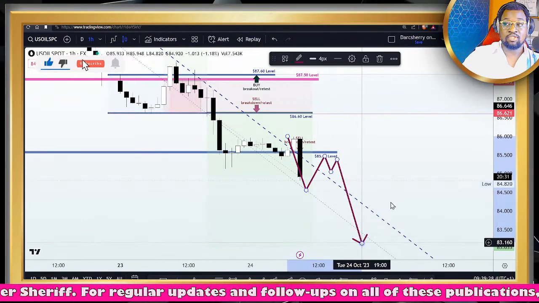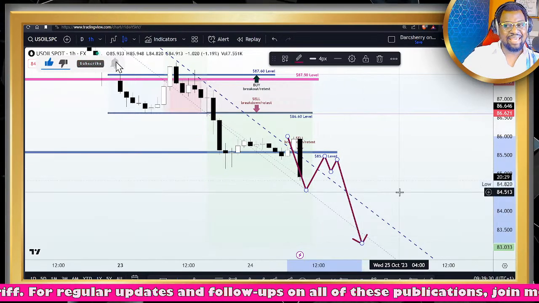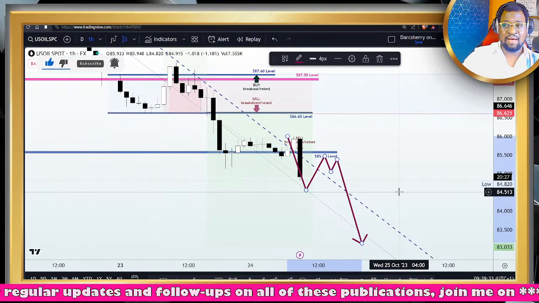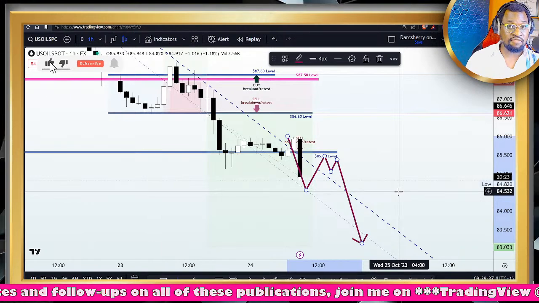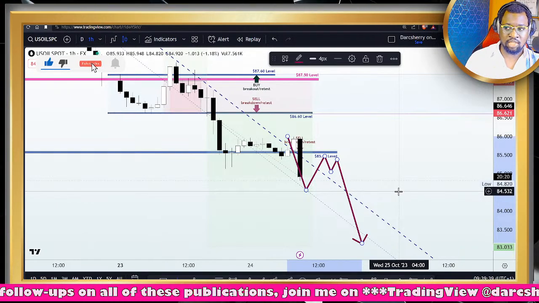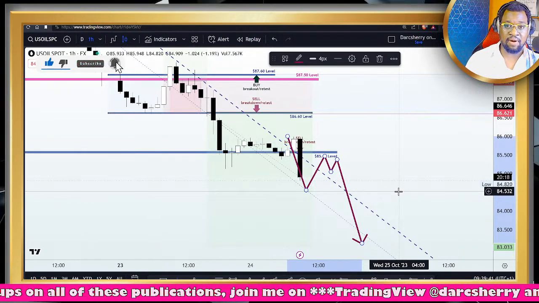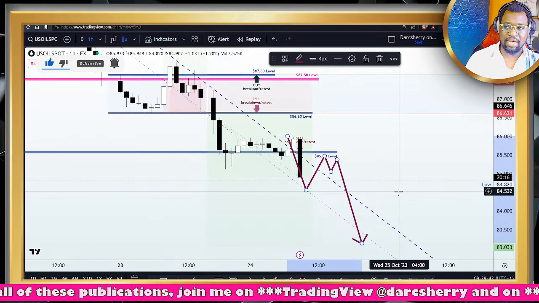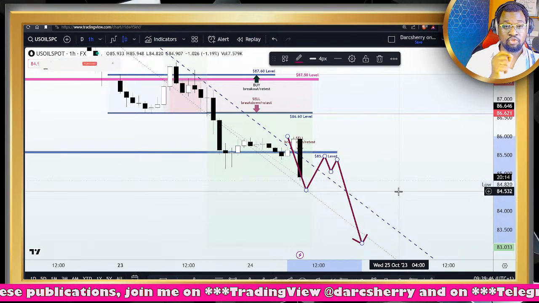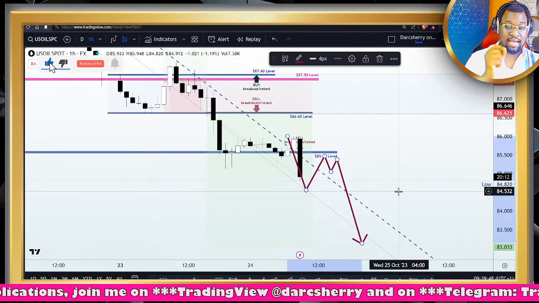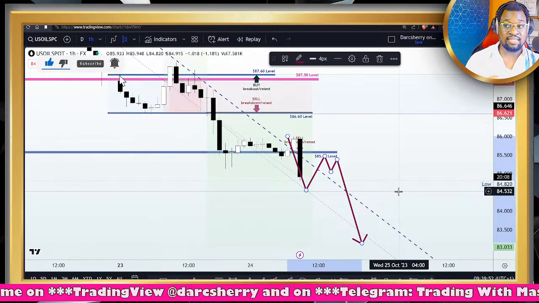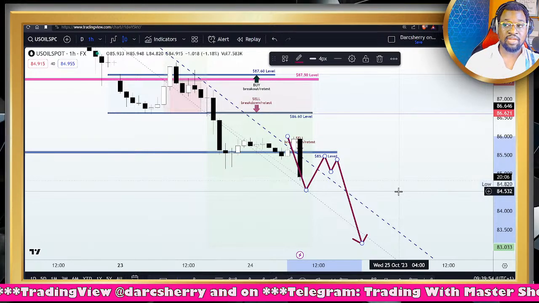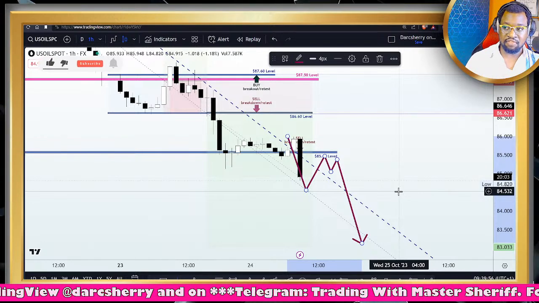Then we want to be part of more selling opportunities in this market. So let's see how the market will play out. This could take about 2 to 3 hours before it evolves into a tradable setup, so patience is hereby required at this point in time. And like I said earlier, for those who already have a sell position, kindly move your stop losses, secure this current sell position while we wait and see how the market is going to be reacting to the $85.50 level.